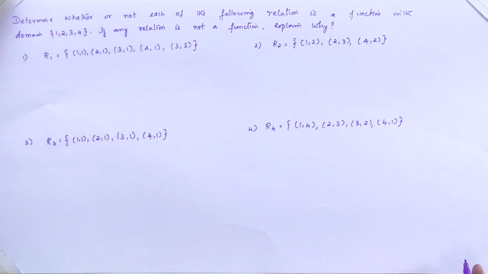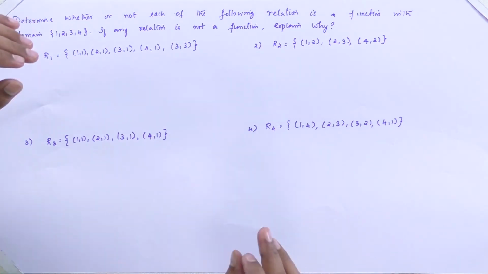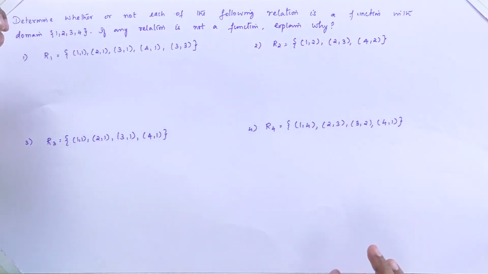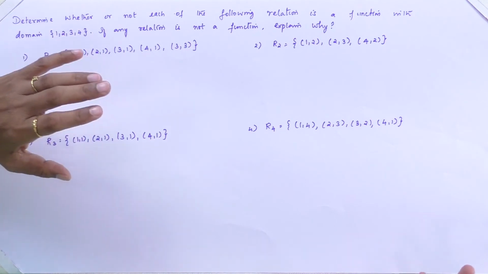So now we have seen what a function is, then composite function, then characteristic function. Now suppose a relation is given, how do we find whether that relation is a function or not?